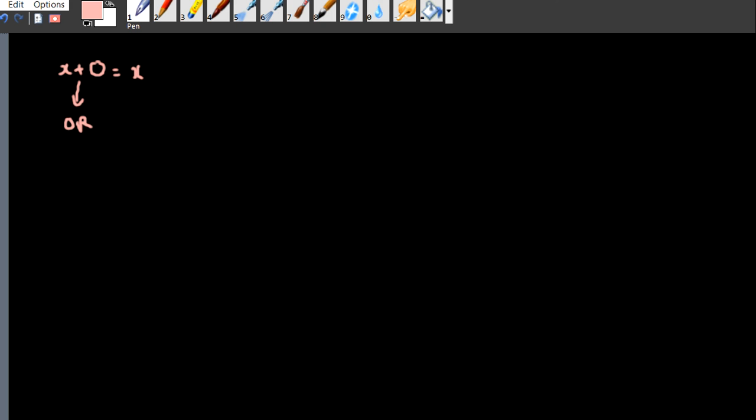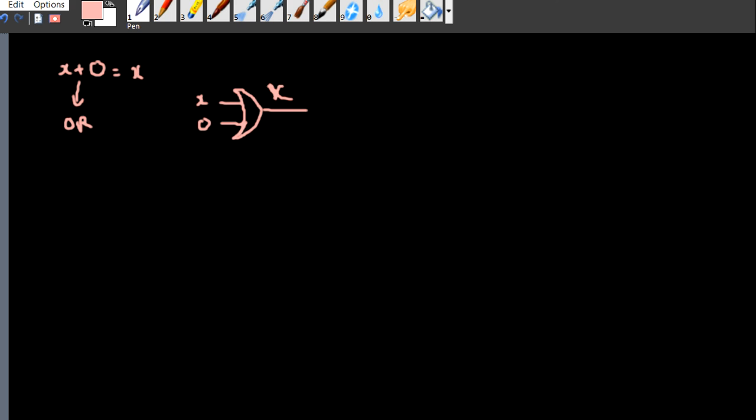You're giving this to an OR gate. So this is how an OR gate looks like, and you are giving it two inputs, x and 0, and your output is always going to be x. Always x.